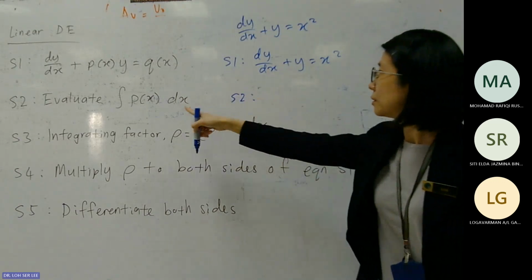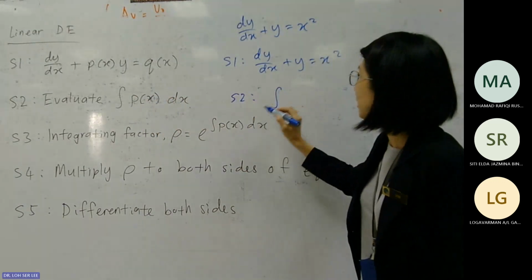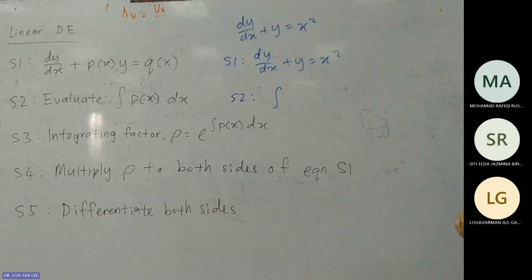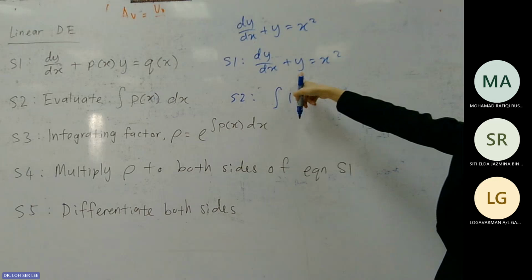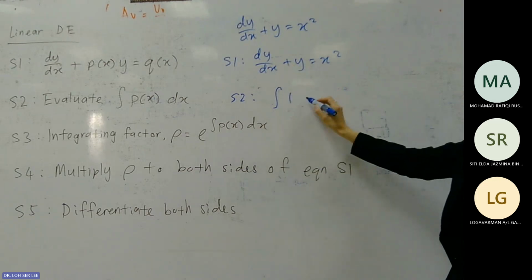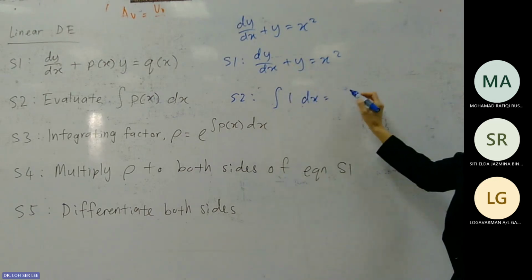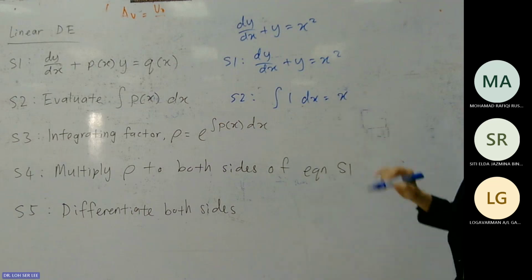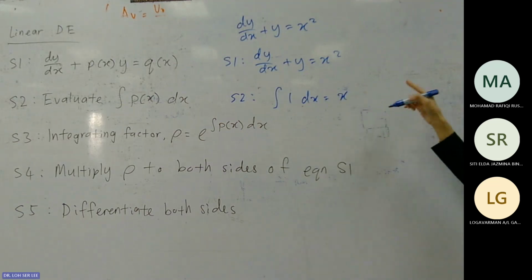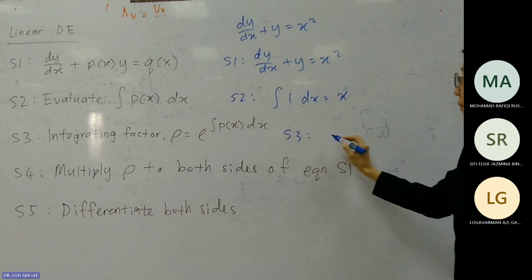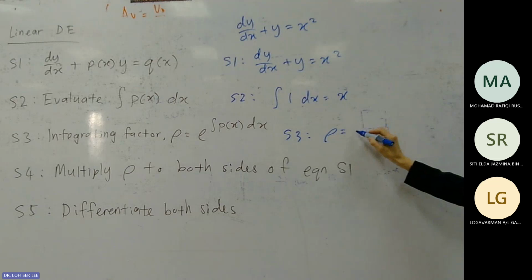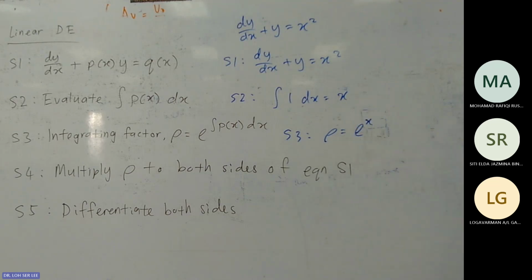Then step 2, you need to integrate 1, because the coefficient function of y is plus 1. So you get x. Ignore the constant plus c. Step 3, your integrating factor is the exponential function to the power of x.